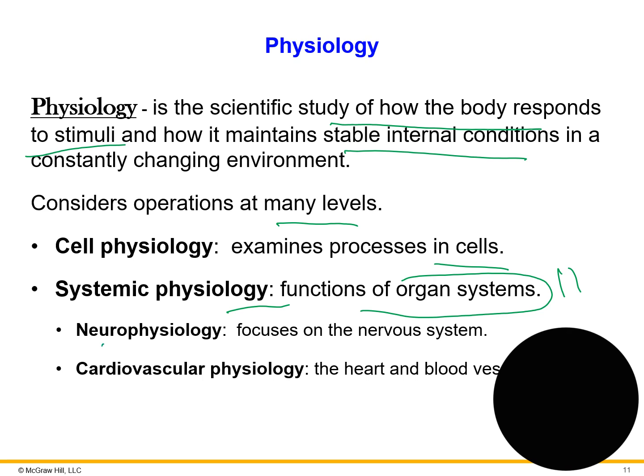Neurophysiology is mainly focused on the nervous system, different neurons and other aiding cells for the neurons, how they work and perform to maintain homeostasis. Then cardiovascular physiology is about the heart and blood vessels.